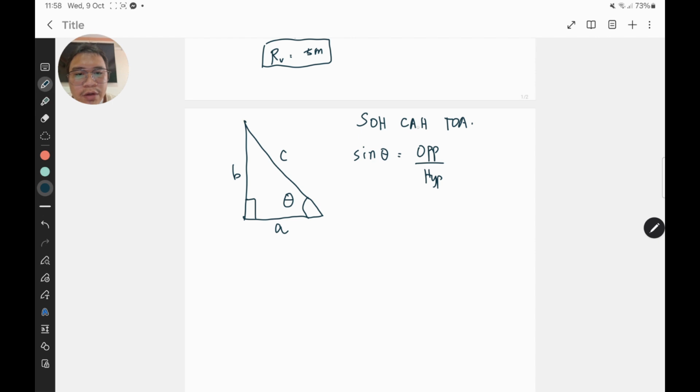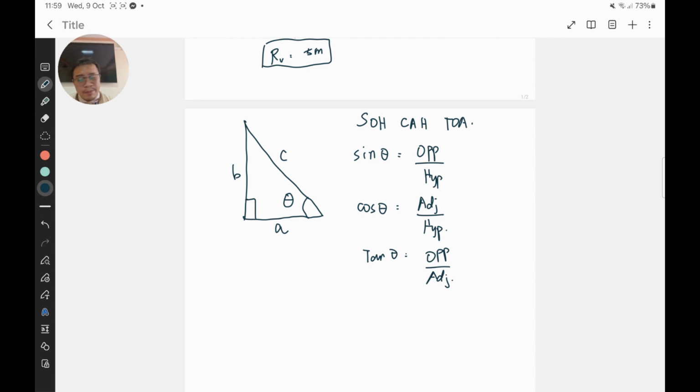Then for CAH, cosine theta is equal to adjacent over hypotenuse. And of course, we have TOA, which is tangent of theta, equal to opposite over adjacent. Now, what do opposite, hypotenuse, and adjacent mean here?